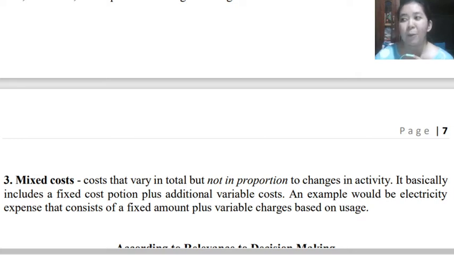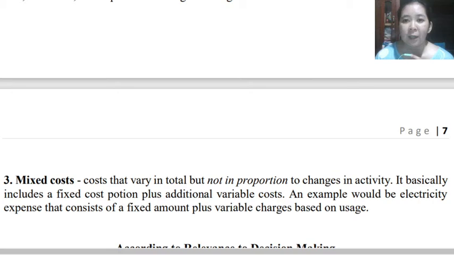Like in our example earlier, the cost of 1 million is fixed only until 100,000 units. And if you produced 120,000 units, the first 100,000 units, which is equal to 1 million cost, that is the fixed cost portion. The next 20,000 units, which is additional, now becomes a variable cost. That is what we mean by mixed costs.